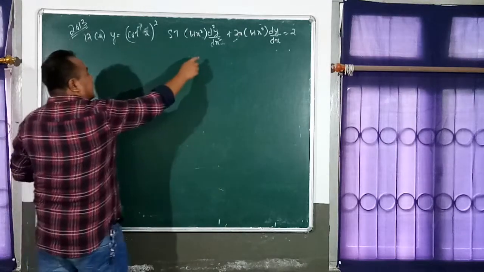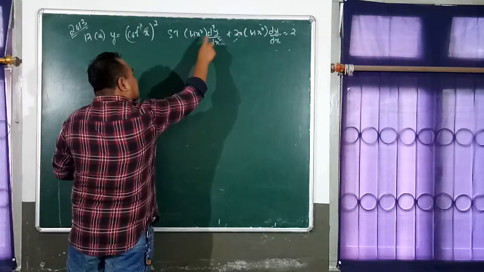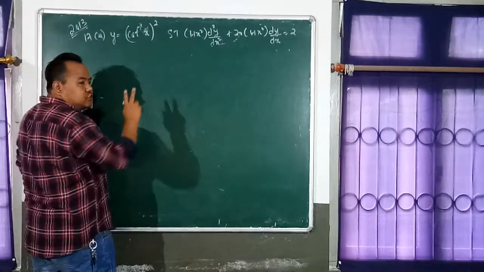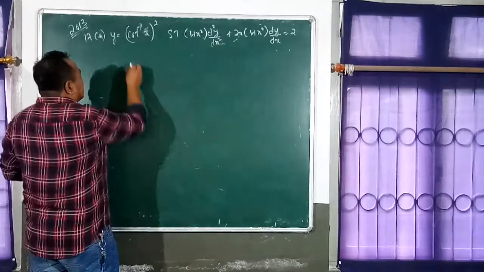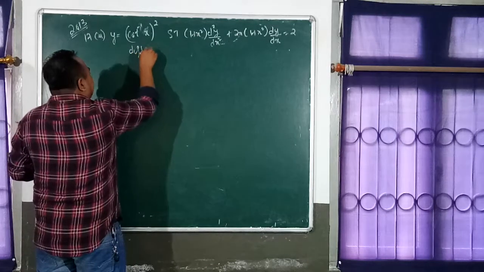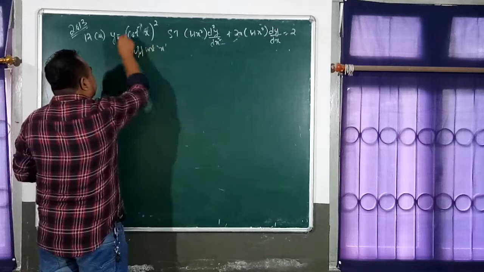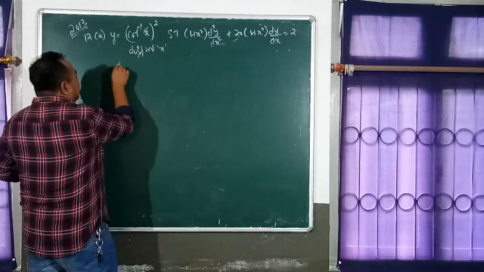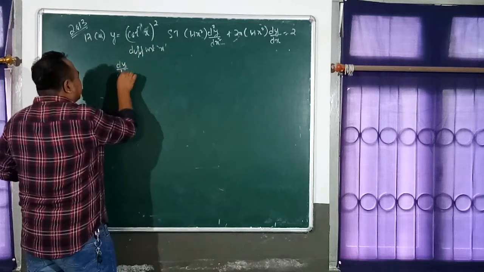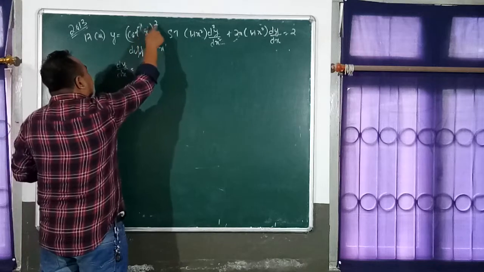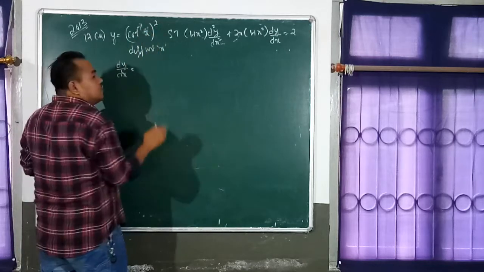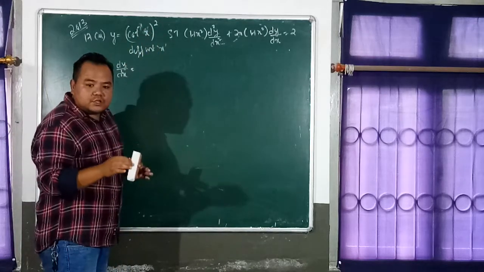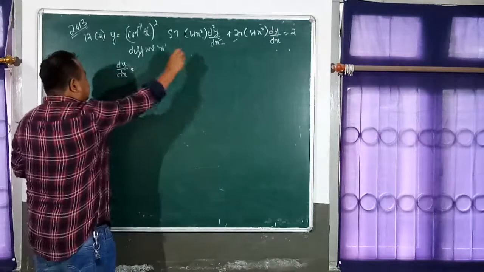You can see in the question, d2y by dx2 means I have to differentiate the function 2 times. So I start by writing differentiating with respect to x. What's the differentiation of y? It is dy by dx. Now look at this. The powers are constant. Does this remind you of something? If the powers are constant, the base has to be x.